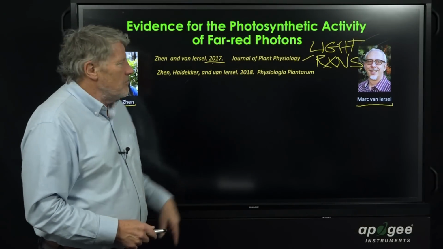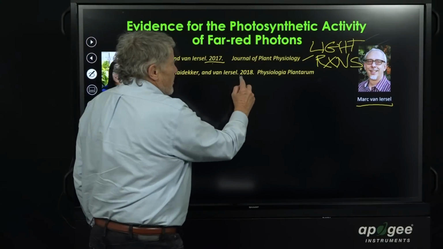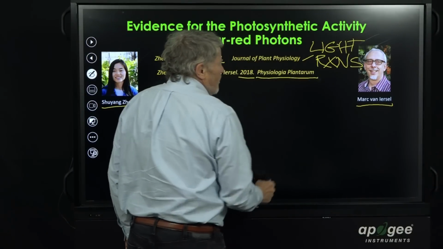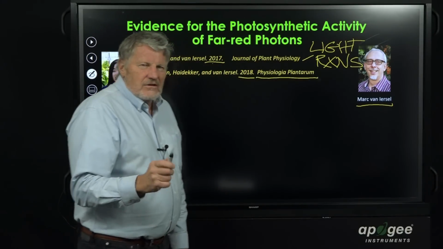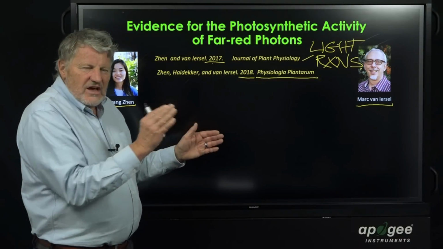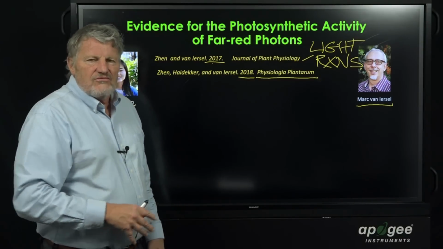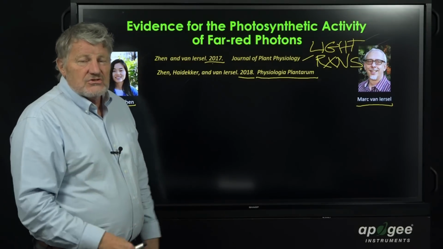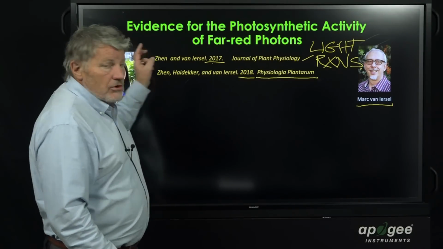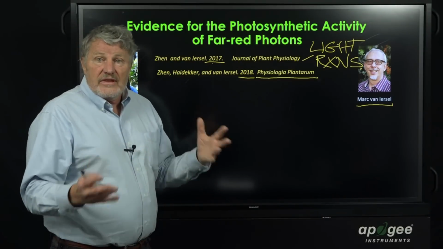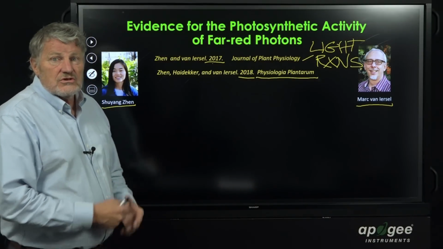We'll come back to that in a minute. In the second paper, a year later, Physiologia Plantarum, they used laser LEDs at specific wavelengths to show that the photons, at least up to 730 nanometers, were improving the light reactions of photosynthesis.